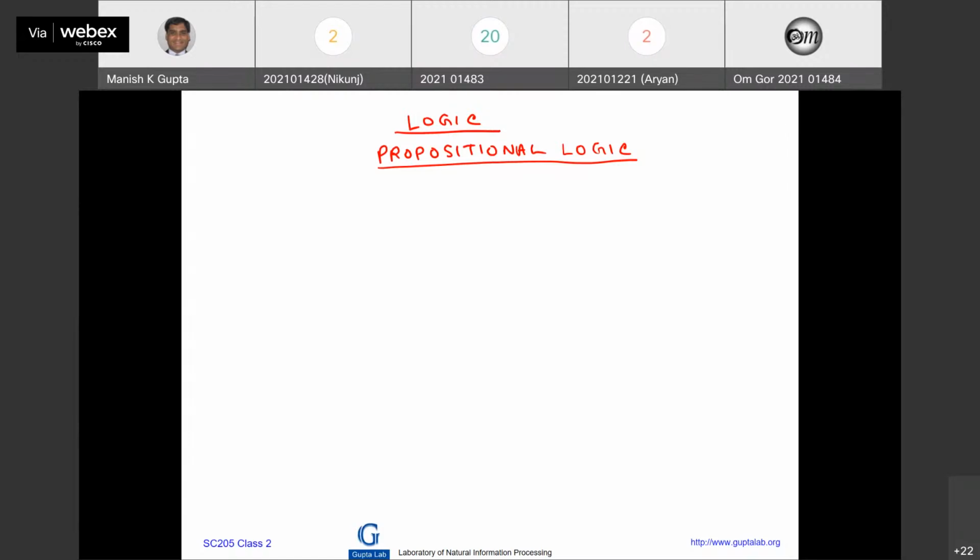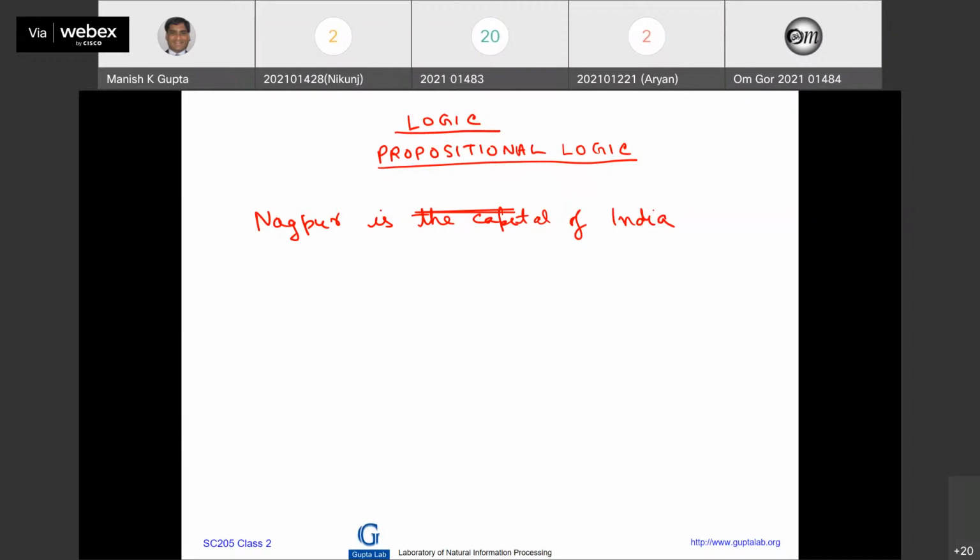So something like this: Nagpur is the capital of India. So this is a statement or sentence.